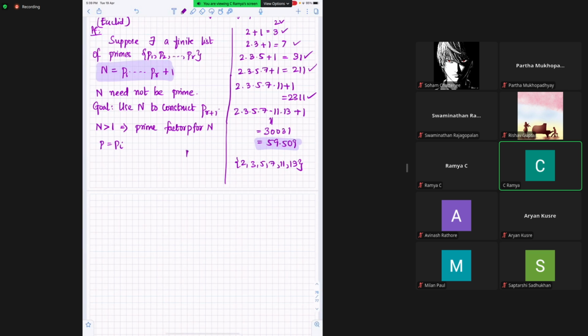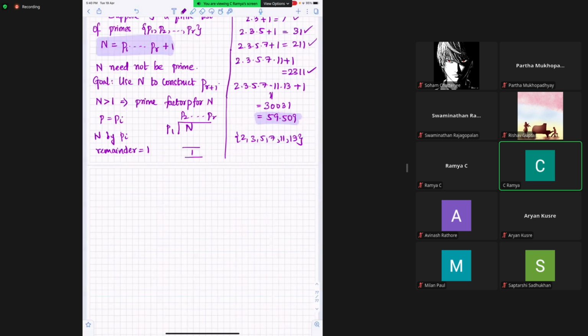You have n. Let's divide n by P1, so the quotient would be P2 to PR, and the remainder would be 1. If I divide n by Pi, the remainder I get is 1. But n divided by P, the remainder you should get is 0 because P is a factor of n. So P cannot be any of the PIs.